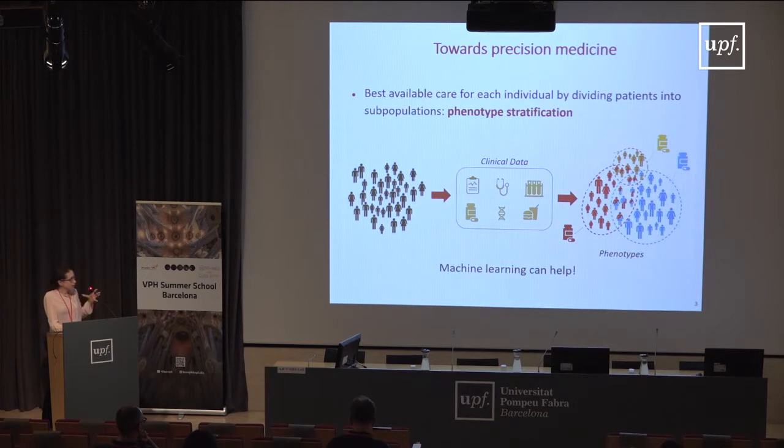In order to do that, we need first, as I said before, to integrate lots of data, but of many patients, to be able to see what are the patterns that reveal this data and be able to divide these patients into subsets, or to stratify these patients into subsets that have a common biological basis of disease. And these are the subsets that I will refer to as phenotypes or phenogroups.